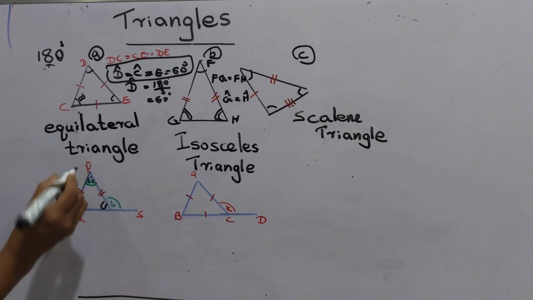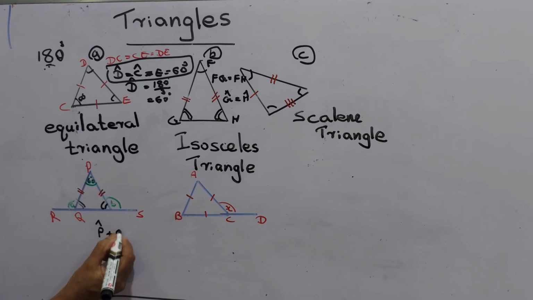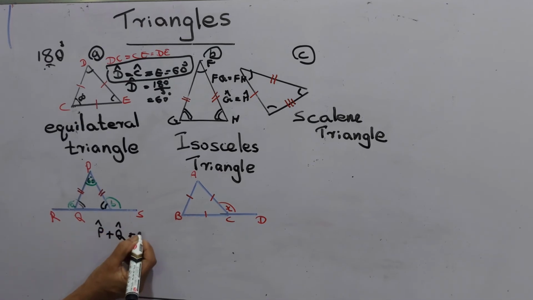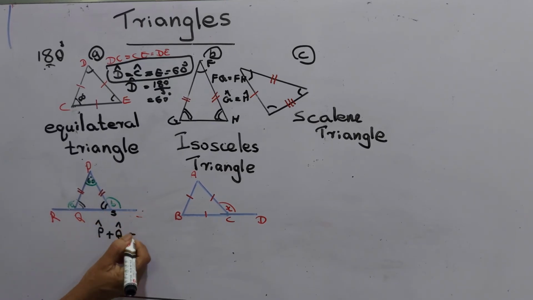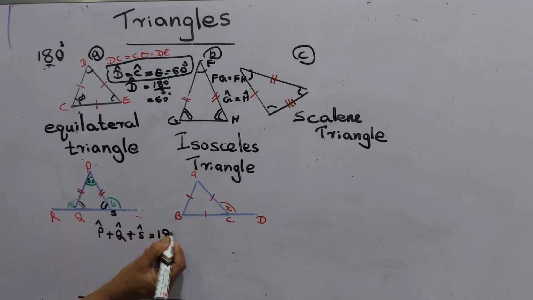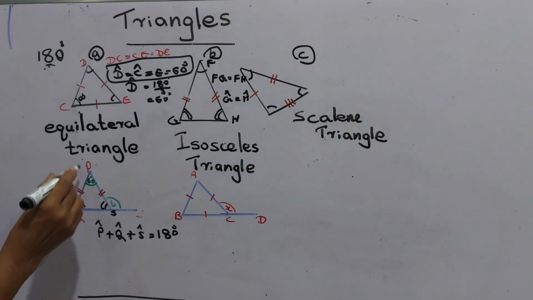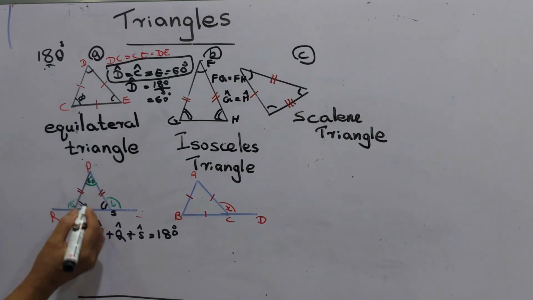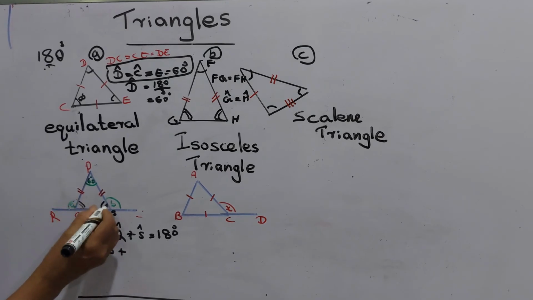Given the value of P is 60 degrees, we already know P plus Q plus this angle, we'll name it S, equals 180. That is the angle sum of a triangle. We already know angle P is 60 degrees, plus these two angles are equal.